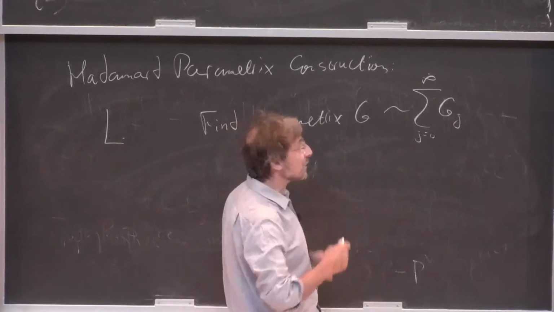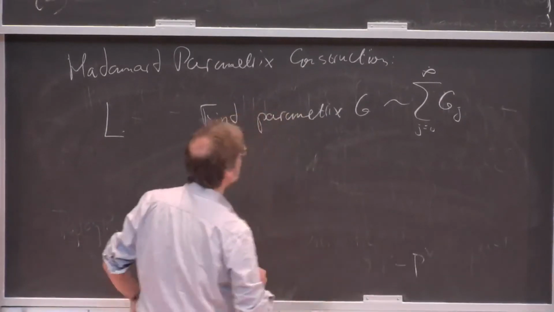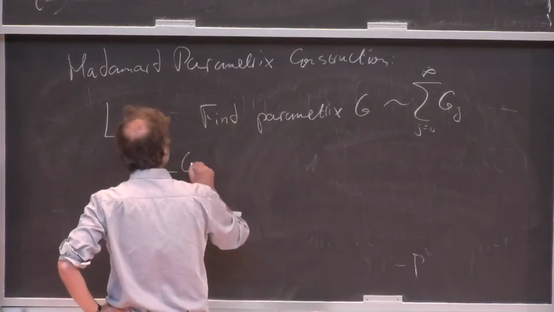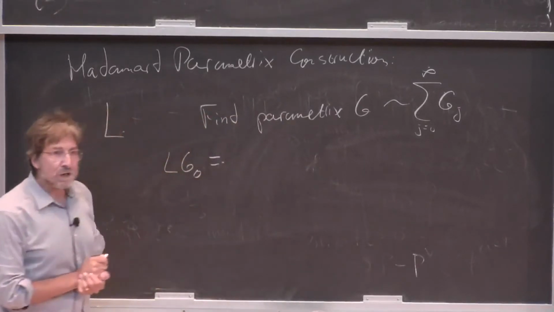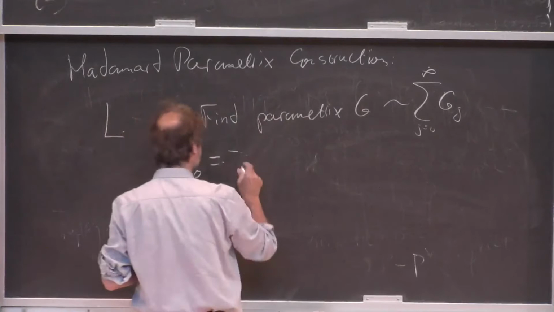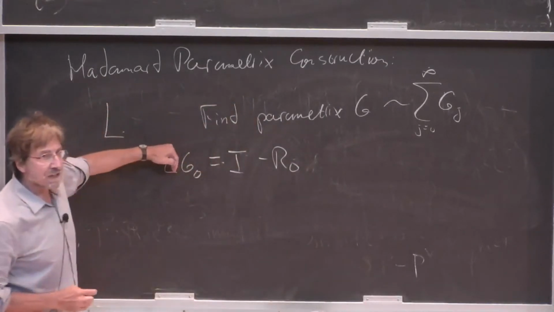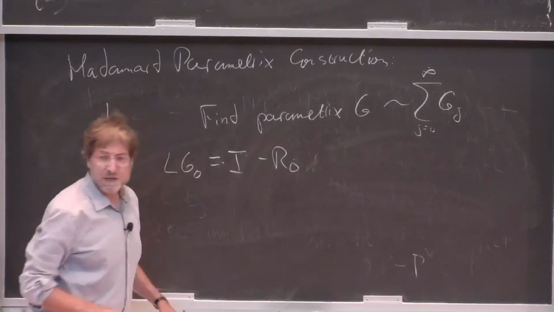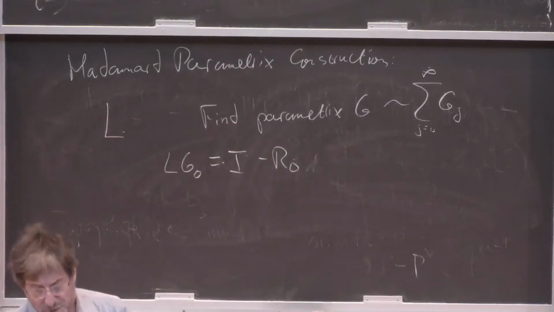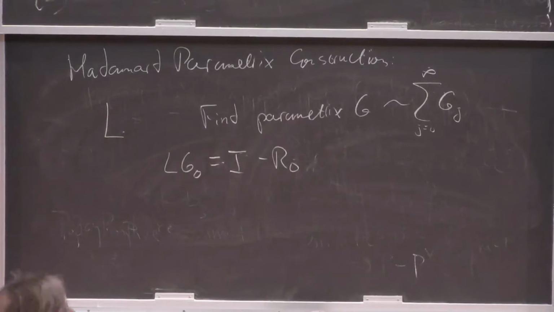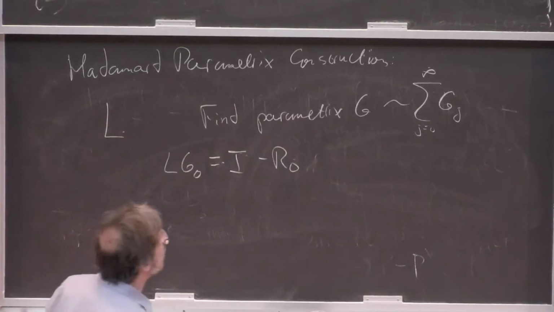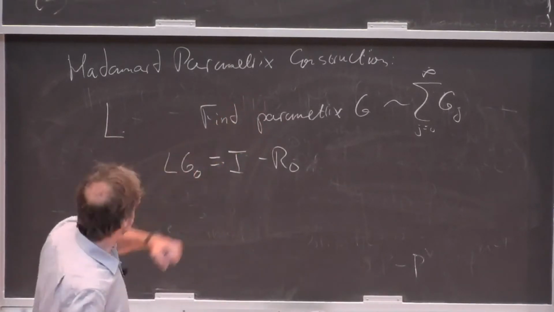So I'll be doing this on the other side of the Fourier transform. So G_0 is going to be my first approximation: L G_0 is equal to the identity minus R_0. So what I'm trying to do is solve this as best I can. Now, the thing that you try to do is say, well, suppose we were in the easiest situation, which was L just looked like its principal part.